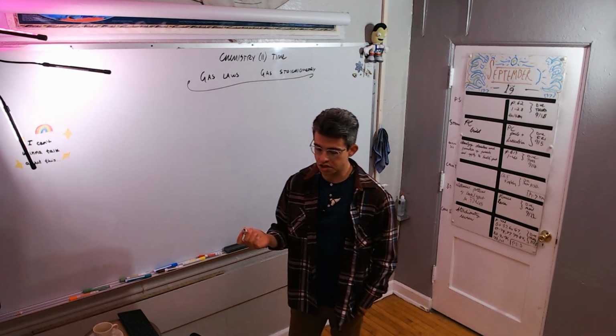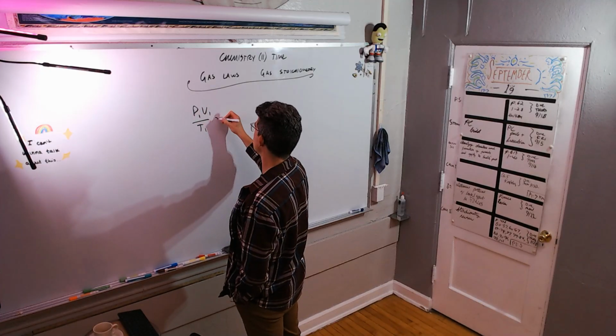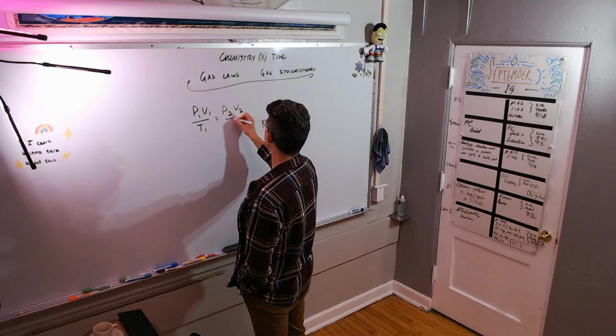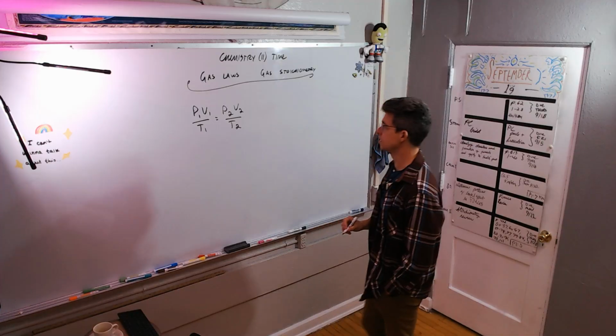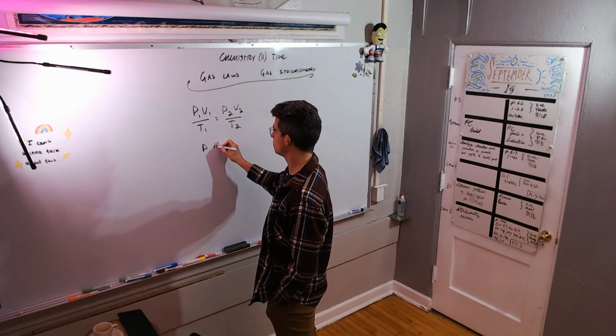As a combination, the combined gas law is P1 V1 over T1 equals P2 V2 over T2. That's probably the most convenient one for you to memorize, where, and this is true for all of them, P is what?